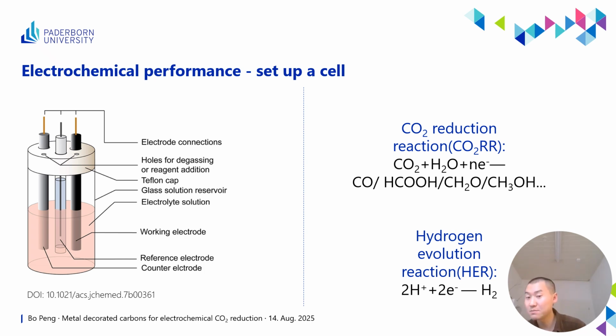At the same time, in the aqueous environment, the hydrogen evolution reaction, HER, also happens, in which two protons gain electrons and go to hydrogen. When this happens, you can see bubbles appear right there on the working electrode.